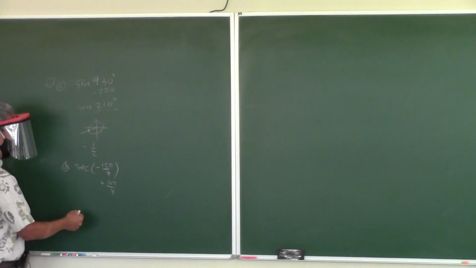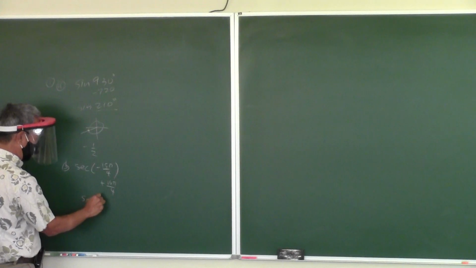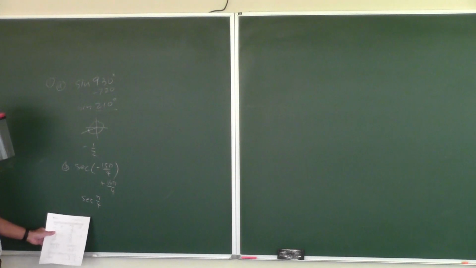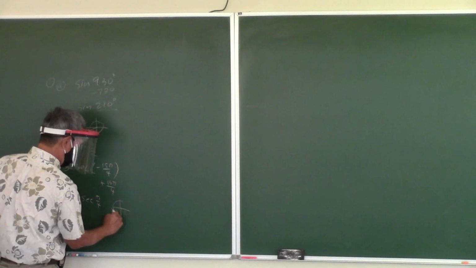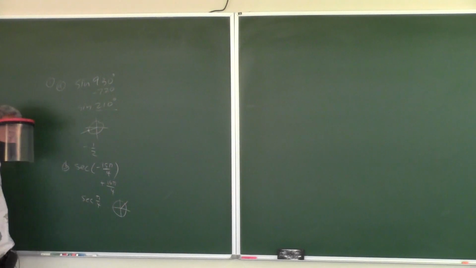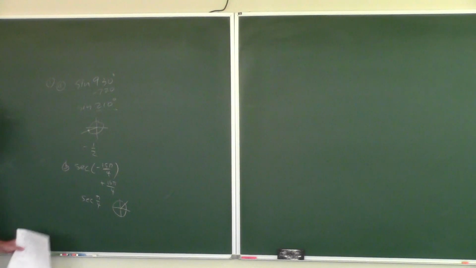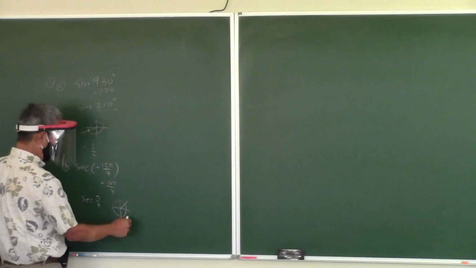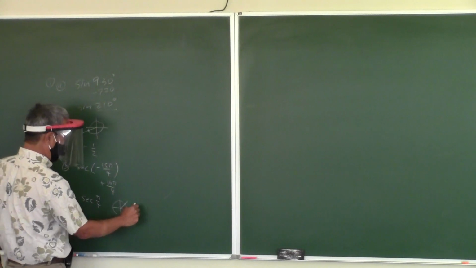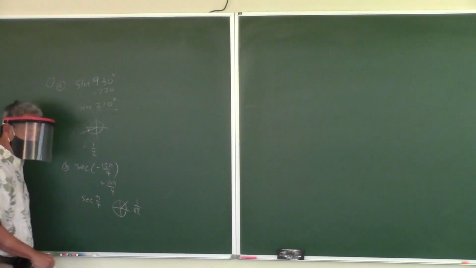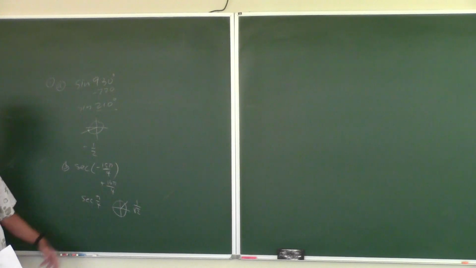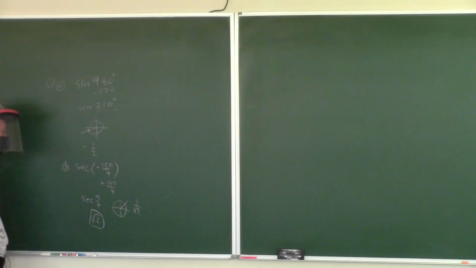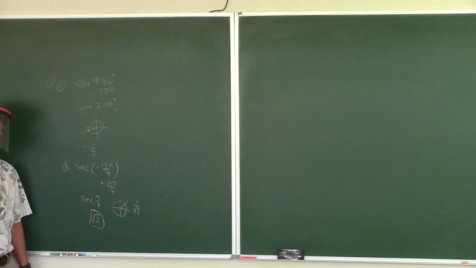And so when you add it, you get pi over 4, which is an angle between 0 and 2 pi. And I know that, because that's right there, right? Same thing as 45 degrees. So when I do this, I think, okay, what is the cosine of that? The cosine of 45 degrees, or pi over 4, is 1 over root 2. So to find the secant of it, you just reciprocate it. Flip it over, and you get root 2.